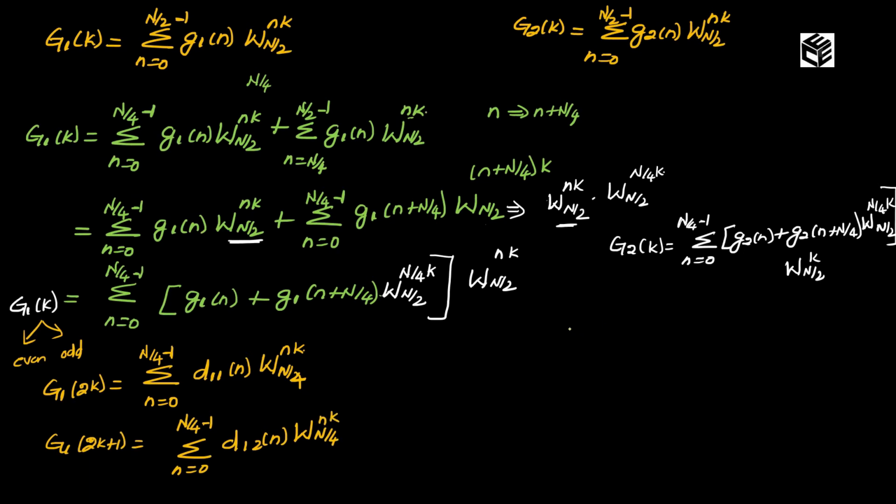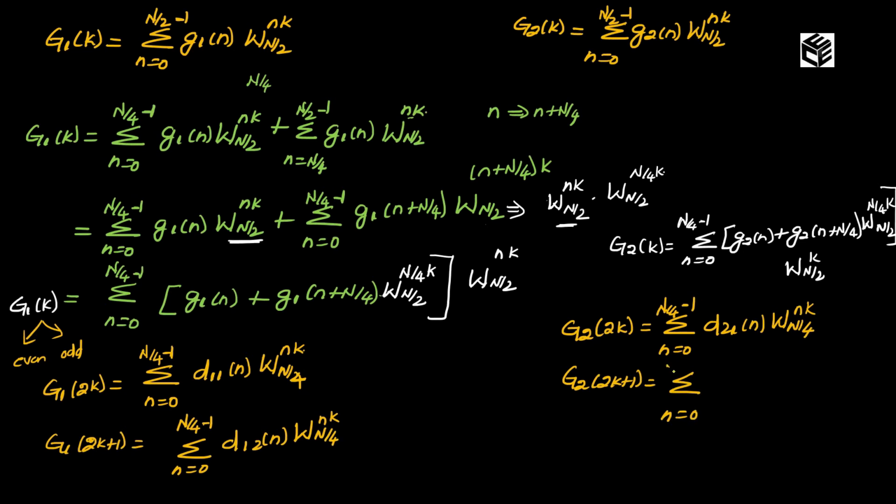Here also, g2 of 2k can be written as summation n equal to 0 to N by 4 minus 1, d21 of n W N by 4 power nk, and g2 of 2k plus 1 can be written as summation n equal to 0 to N by 4 minus 1, d22 of n W N by 4 power nk.